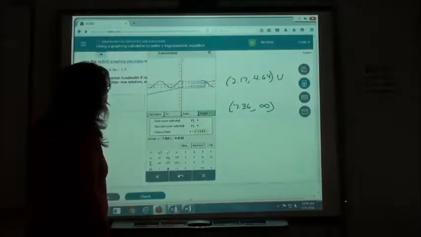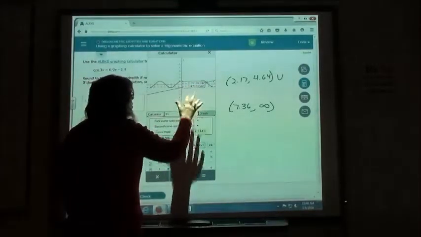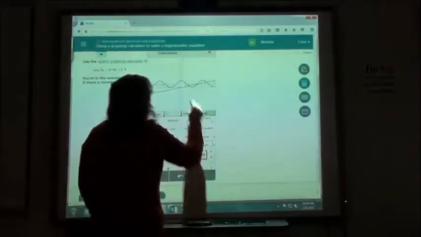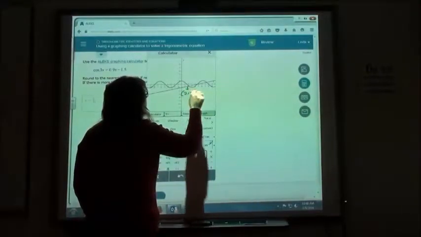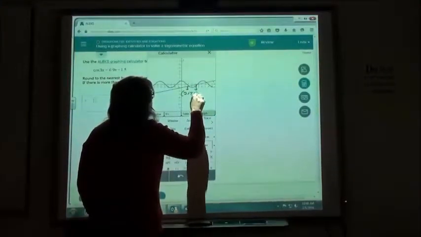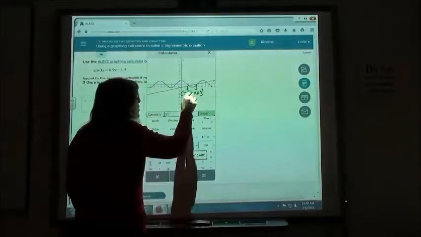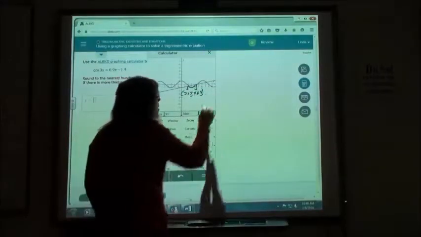Of course, when I hit this, it's going to erase the board, but I want to show you where you're at here, so I'm going to hit OK. So this was the 2.17 to my 4.64. That was your first interval that's lower than our line.